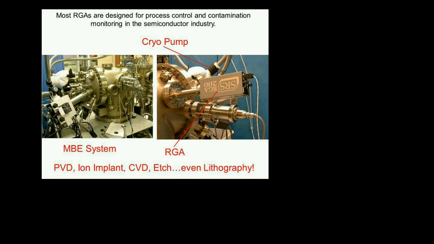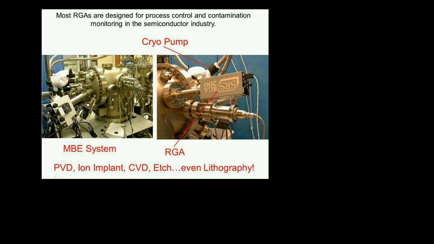RGAs are designed for process control and for contamination monitoring in the semiconductor industry. Essentially any chamber in the semiconductor industry where vacuum is needed can benefit from a residual gas analyzer. So unless the environmental conditions are too nasty or too corrosive or aggressive, it's always a good idea to have an RGA there. And here are examples.